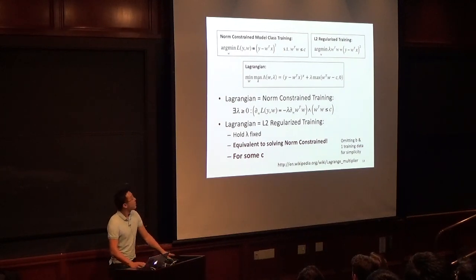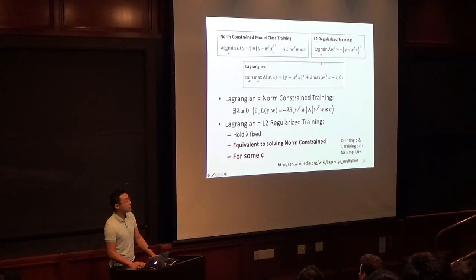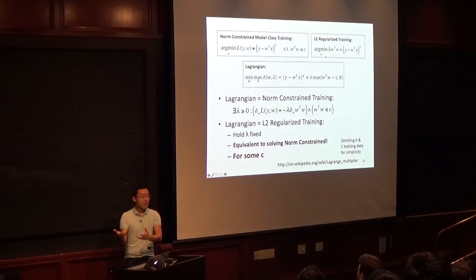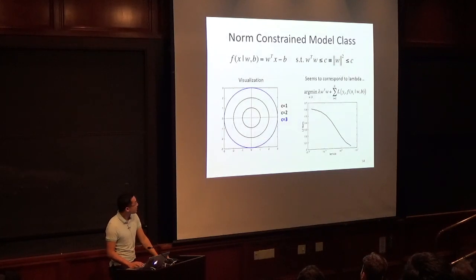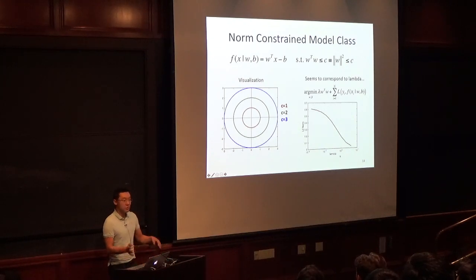In other words, for every choice of C in the top left, I can choose a lambda such that the top right gives me the exact same W. And that's what we saw in this plot right here. This plot is sort of transposed to what I just said.